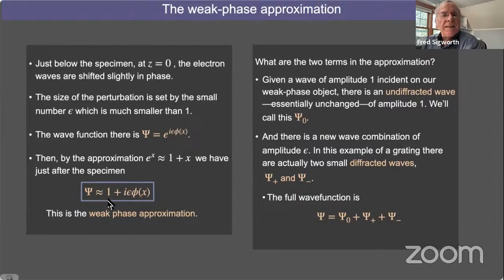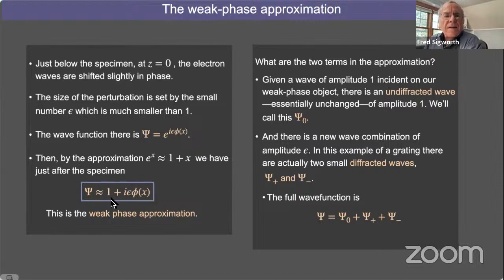So this complex exponential just becomes 1 plus whatever the exponential was. This is called the weak phase approximation, and it makes everything much simpler. It's just exploiting the fact that we don't get a lot of phase shift of electrons going through most of our objects.